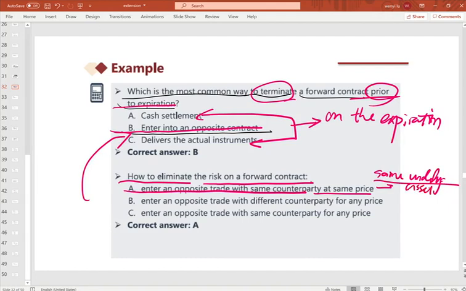For example, for the iPhone, it must be the same condition, the same color, the same generation, the same manufacturing condition, it's brand new, for example still in the box. Everything must be the same, then your risk can be terminated before expiration.